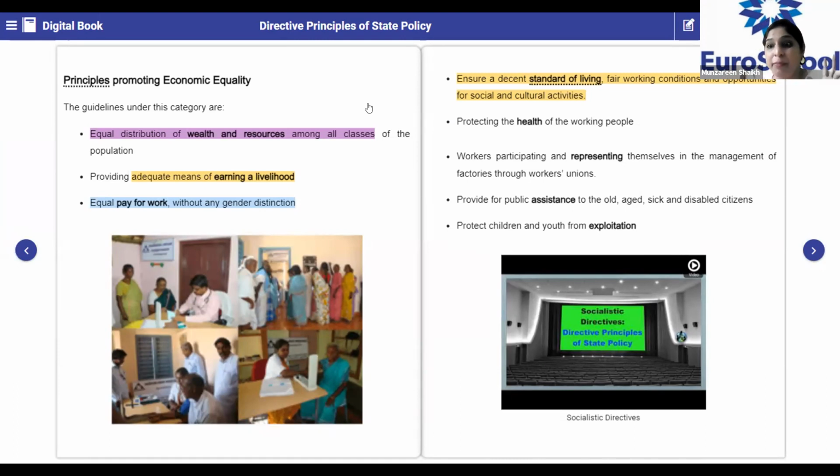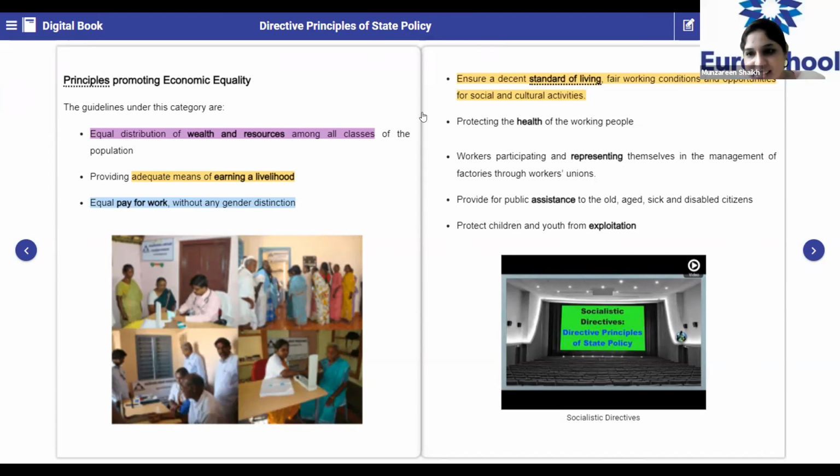If a country has more working people and fewer people dependent on them, definitely the GDP of that country will increase. Ma'am, what is GDP? Who will tell me what is GDP? Economic earning of a country. Gross domestic product.